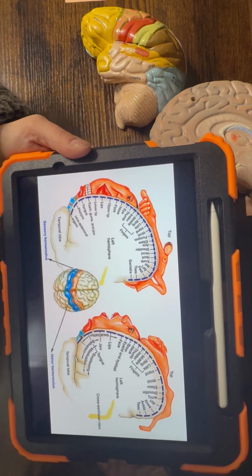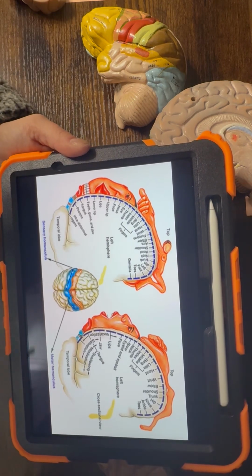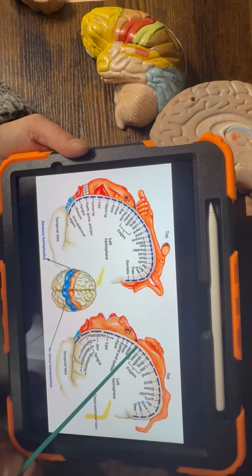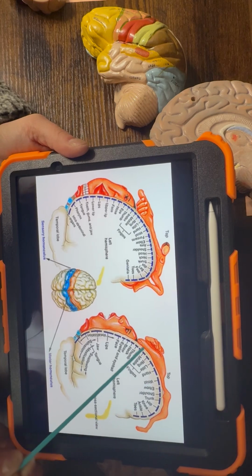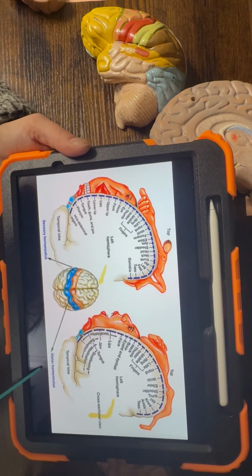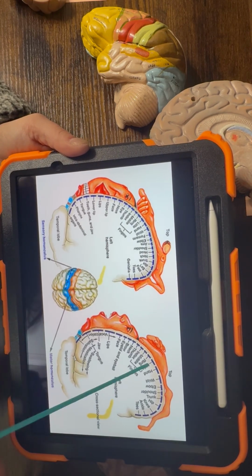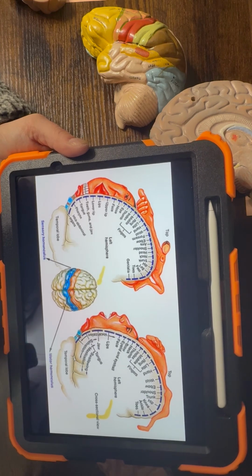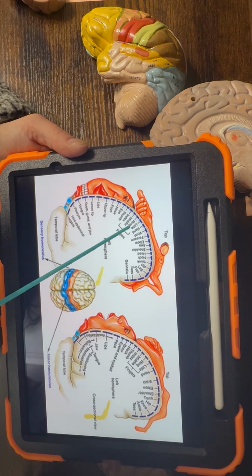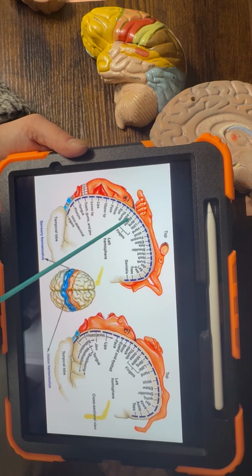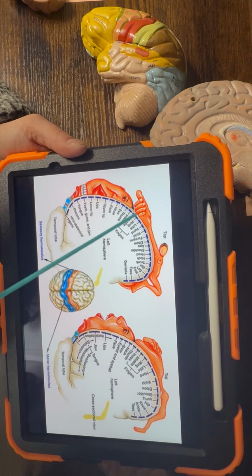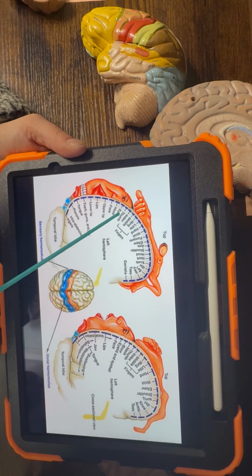Like your hand, here you have this much of the area that's taking up for your hand right there. Why? Because that's our motor, and we need all that for all those fine motor activities that we do with our fingers. Here, we also need the input going in, telling us that we're doing what we're supposed to be doing with those fingers. So we have all this area for the hand.